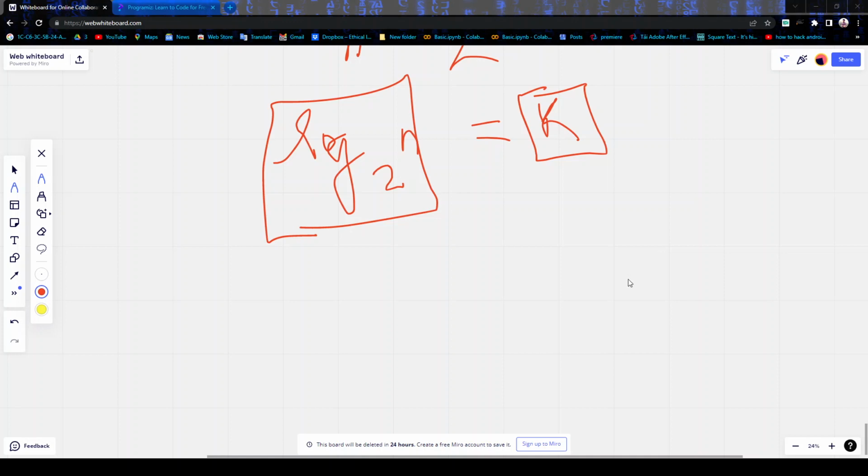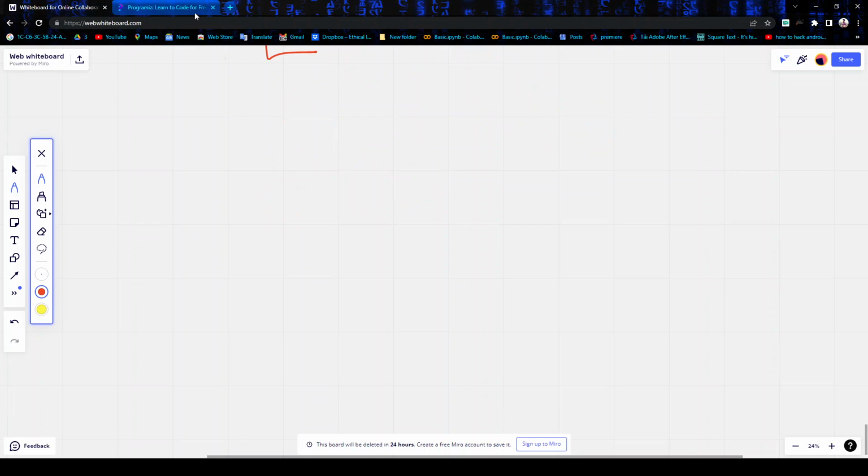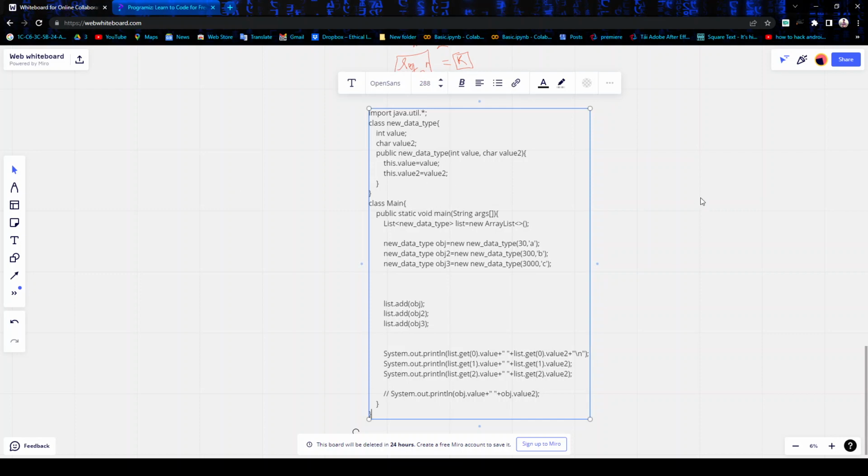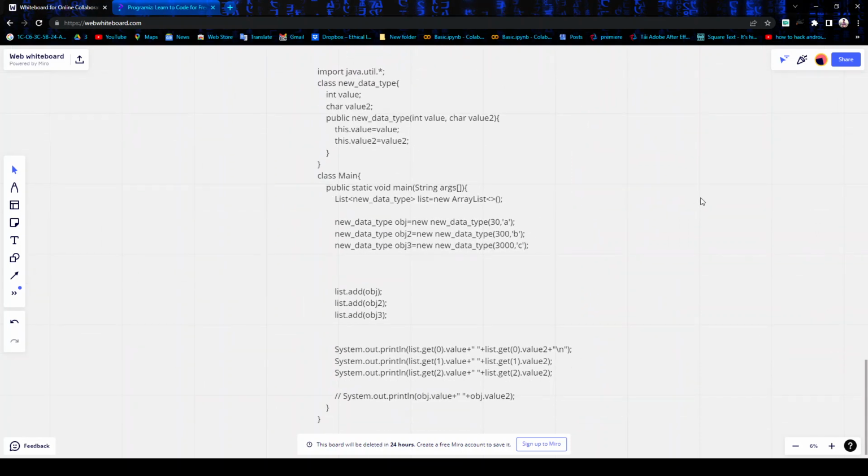Let me open up an array list code, for example this one. I'm checking it from your WhatsApp chat itself, and the code that I have already given you is this one. Let me write the code here itself. So this is the code that I already sent you.